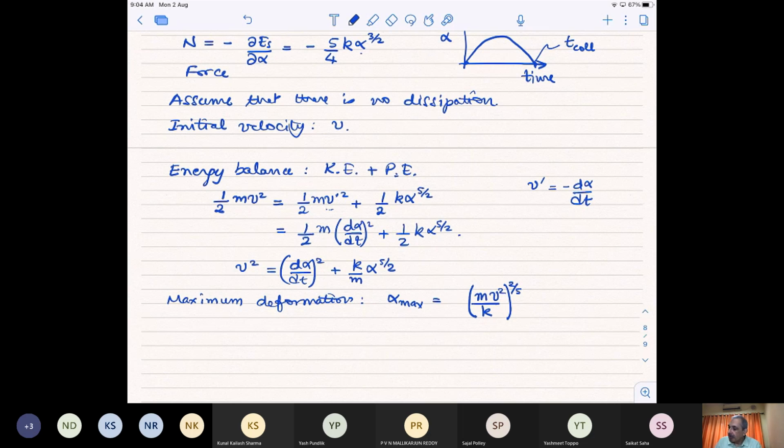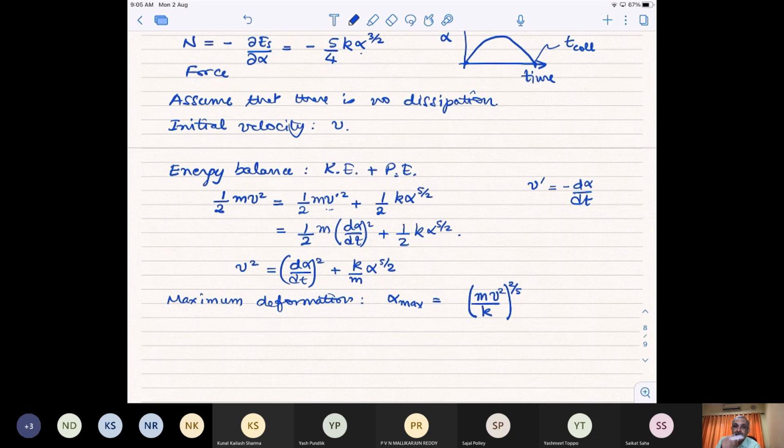So straight off you will get what is the maximum deformation, and what it says is that the deformation depends on the velocity. So the higher the velocity, the higher the maximum deformation. But the higher the stiffness, K being a measure of how stiff the material is, the smaller the deformation.